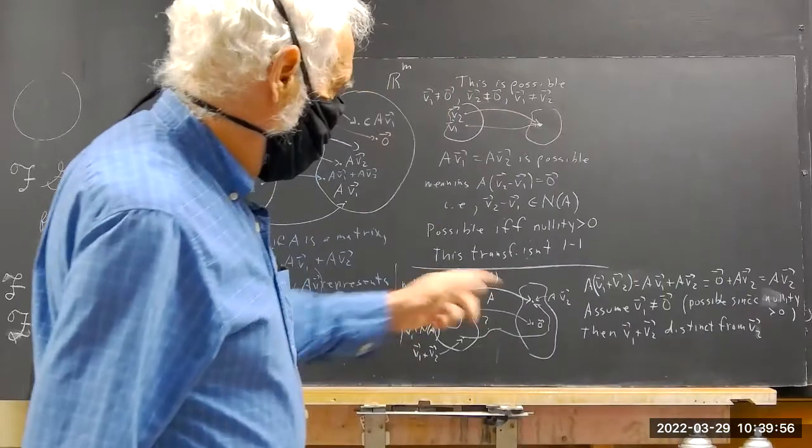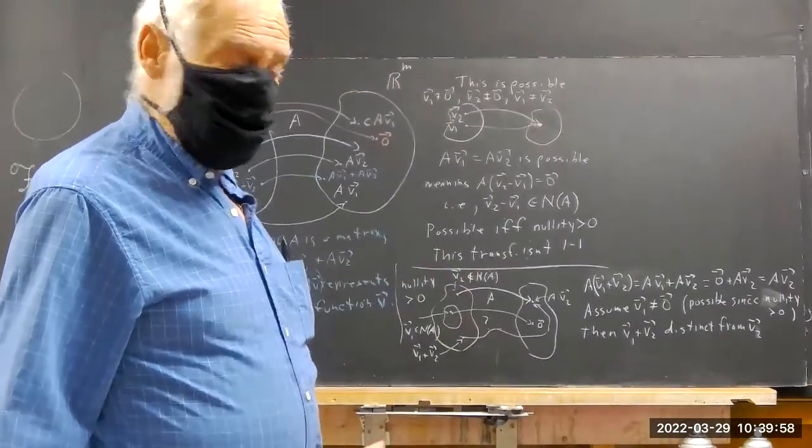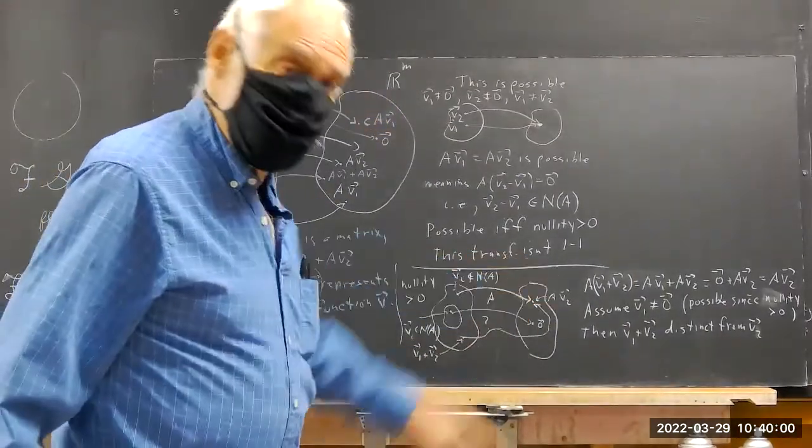And V1 plus V2 is distinct from V2. So we've got two vectors that go to AV2.